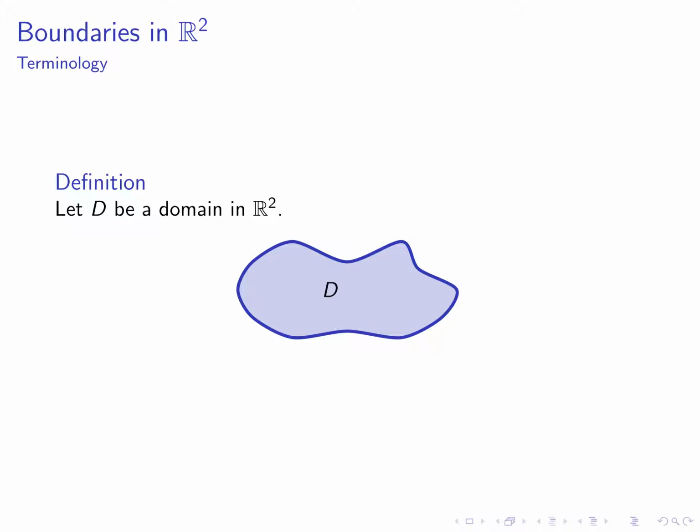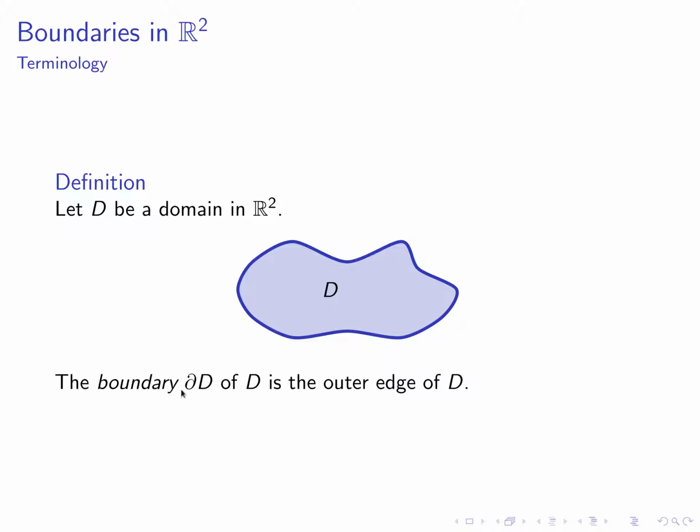The first thing we need to understand is the relationship between this domain and its boundary curve. By definition, the boundary of a domain is denoted by partial D. This partial has no calculus significance. It's simply notation used to refer to this concept.